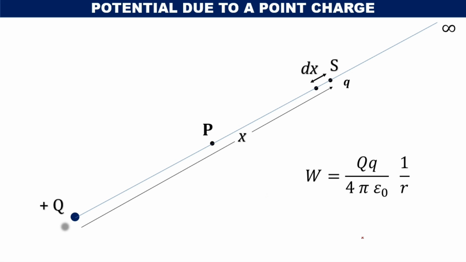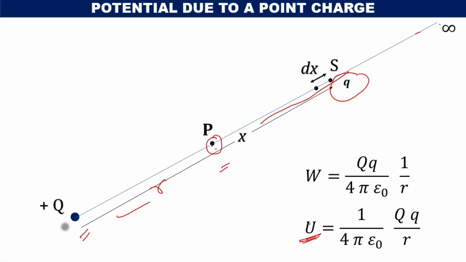we will get the expression for the work done equal to Qq divided by 4 pi epsilon naught into 1 by r, which is stored in the form of potential energy. That means this potential energy represents the amount of work done, or the energy stored by the test charge when it is brought from infinity to the point P. But we need to find out the electric potential.